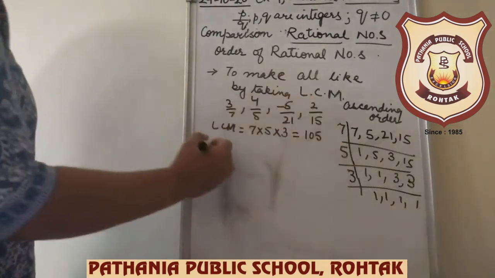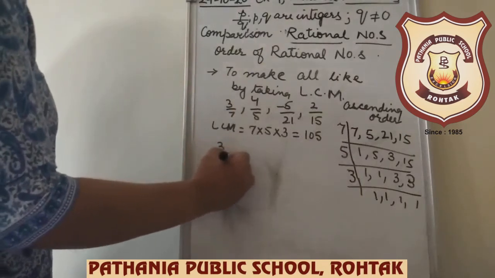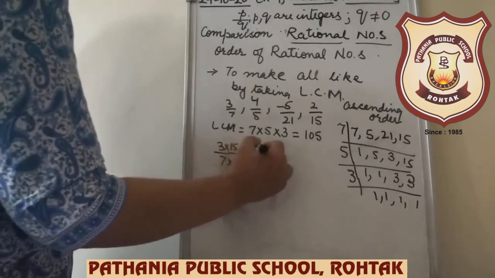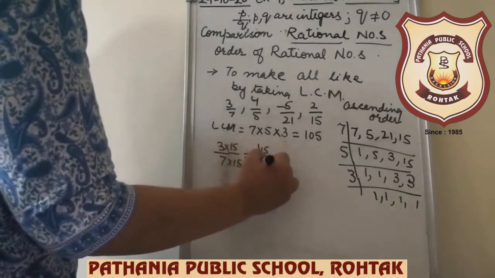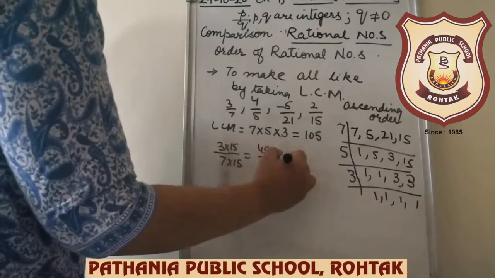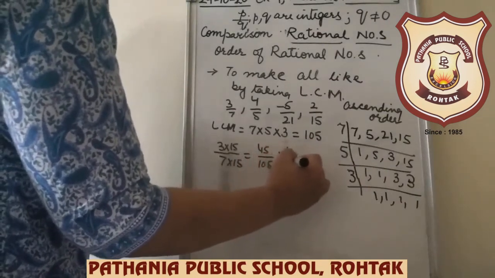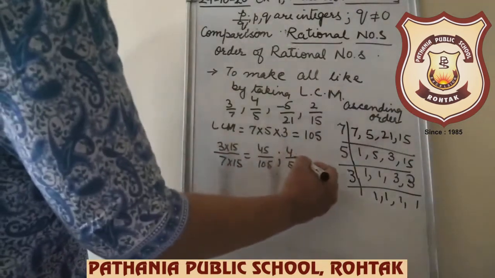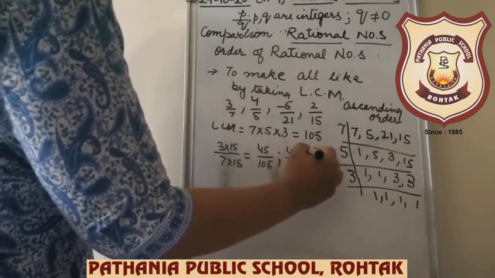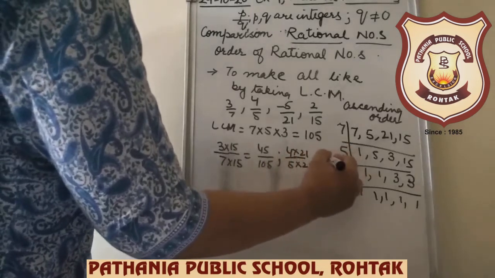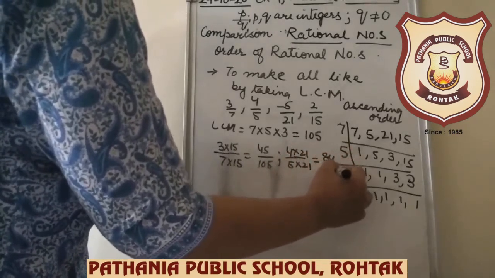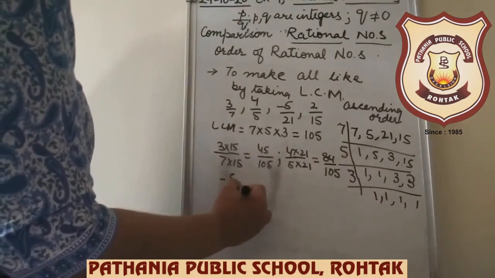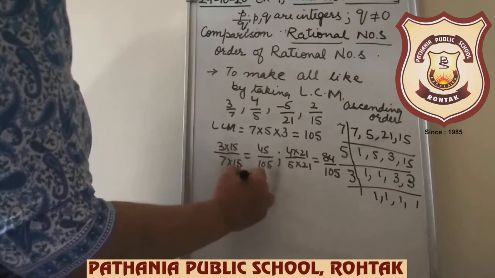So now your 3 upon 7 is to be multiplied by 15. So it will become 45 upon 105. Then 4 upon 5 is to be multiplied with 21. So this becomes 84 upon 105, and then minus 5 upon 21 is to be multiplied with 5.